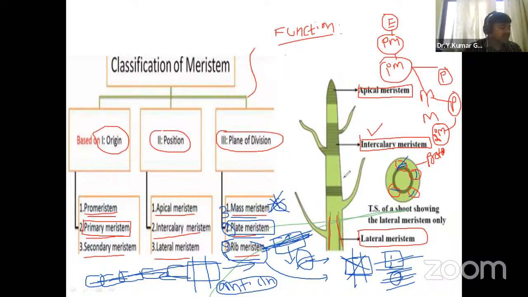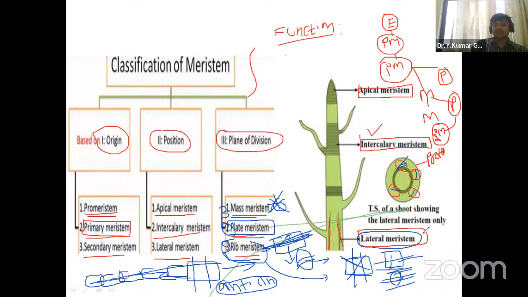Next, procambium. It is composed of elongated prosenchyma meristematic cells which develop into primary vascular tissue. These derivatives of the procambium differentiate into phloem and xylem.